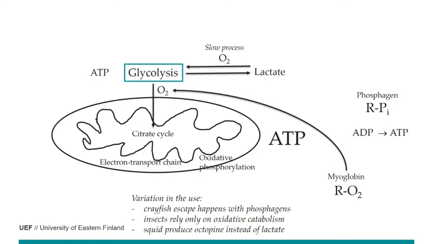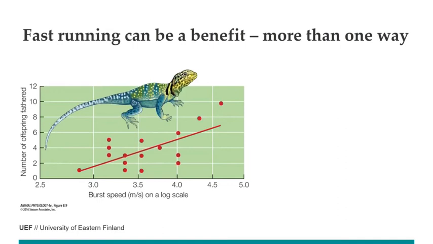So what happens during the exercises? If we check how fast someone is moving, we can predict whether it is oxidative or anaerobic energy metabolism. Because we might have animals that are running very fast but for a very short period, most probably that happens without oxygen. And it can be a benefit in more than one way.